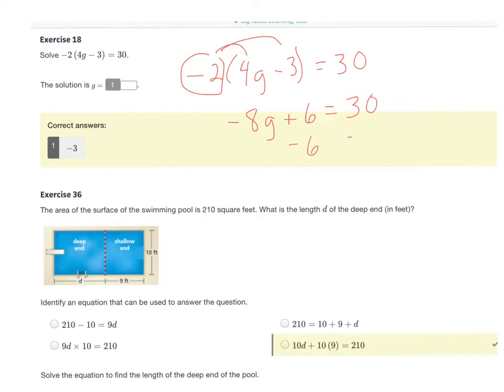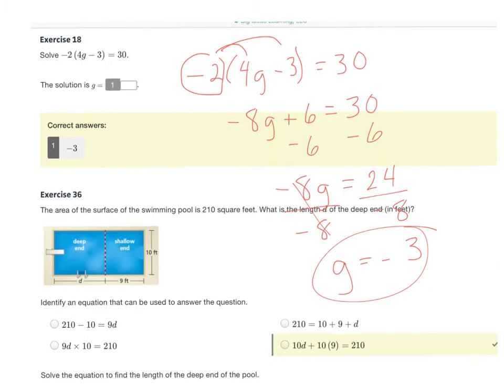I'm going to subtract 6 from both sides. That gives me negative 8g is equal to 24. And now, instead of multiplying by negative 8, I'm going to divide by negative 8 on both sides. That's going to give me g is equal to negative 3.